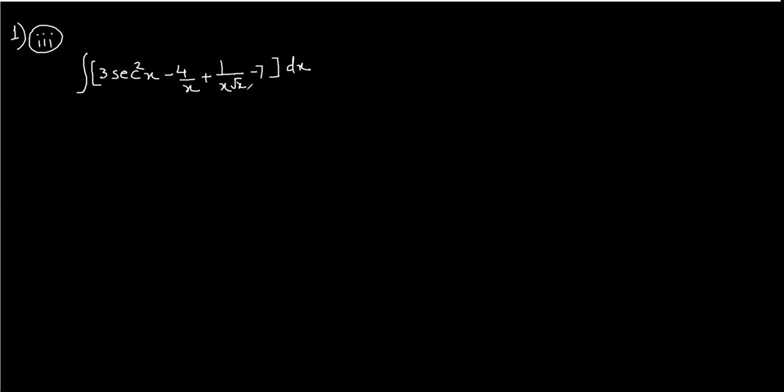So it becomes integration with respect to x. Like for a derivative you write d by dx, here between this sign and dx, whatever you write will be integrated with respect to x.